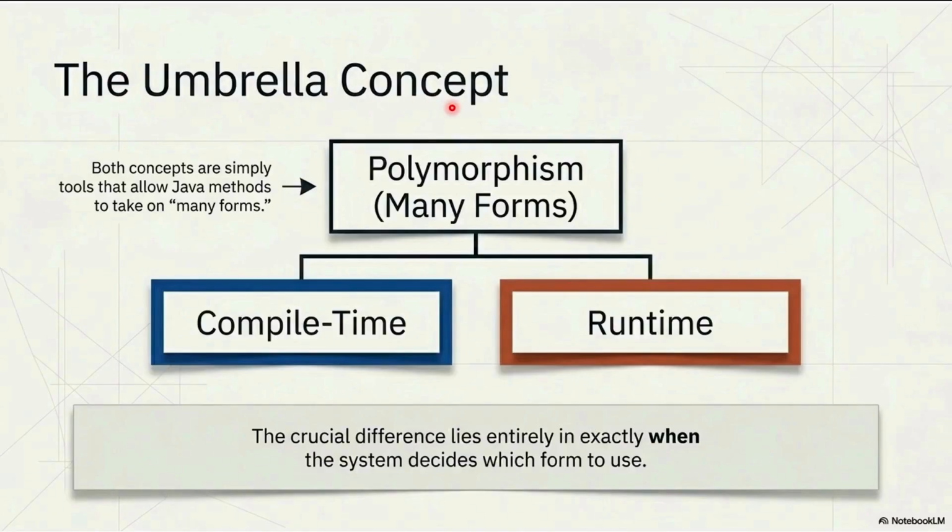The umbrella concept is polymorphism. Polymorphism means many forms. Both concepts are simply tools that allow Java methods to take on many forms. But there are two types of polymorphism: compile time polymorphism and runtime polymorphism. The crucial difference lies entirely in exactly when the system decides which form to use.